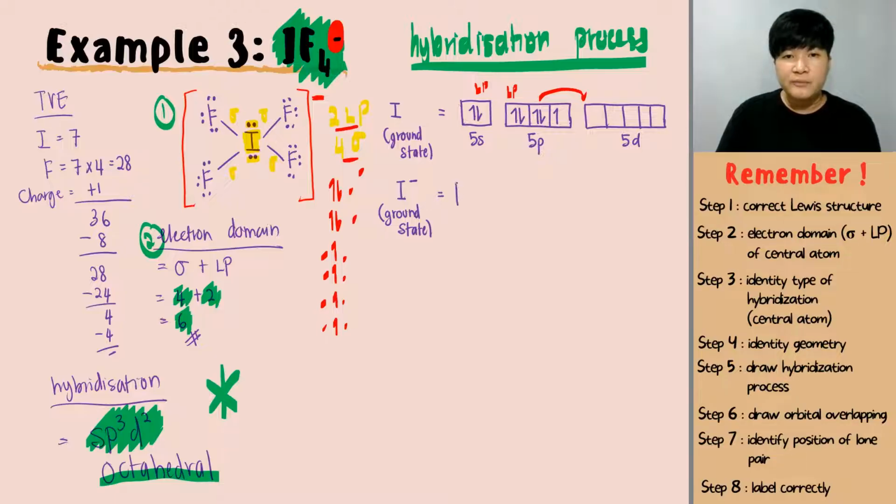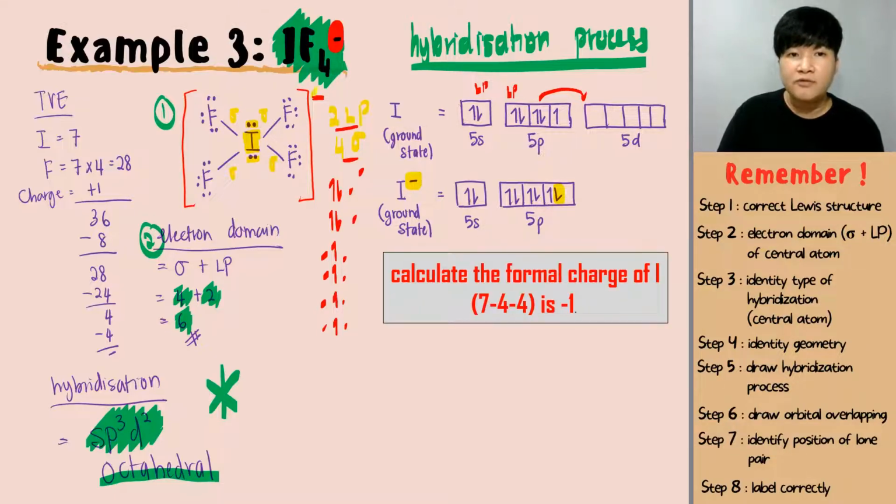So, from the 5s2 just now, we still have 5s2, but your 5p is no longer 5p5. Your 5p over here will be 5p6.